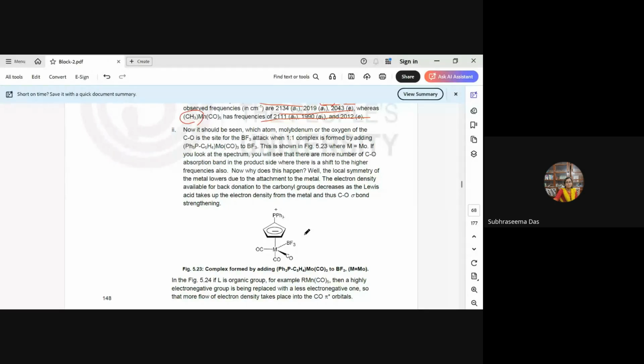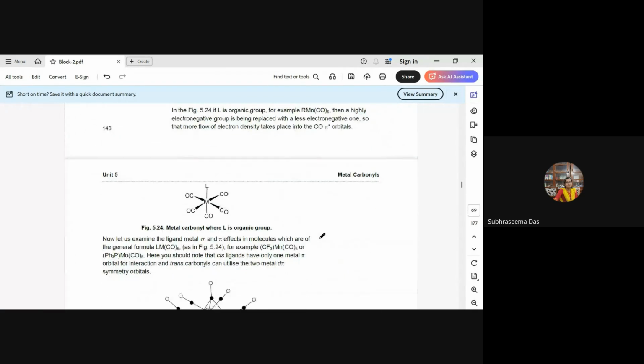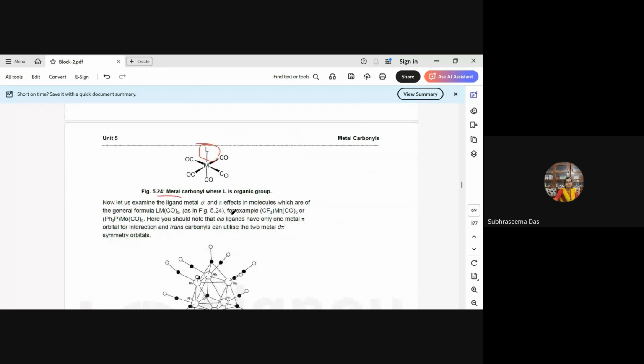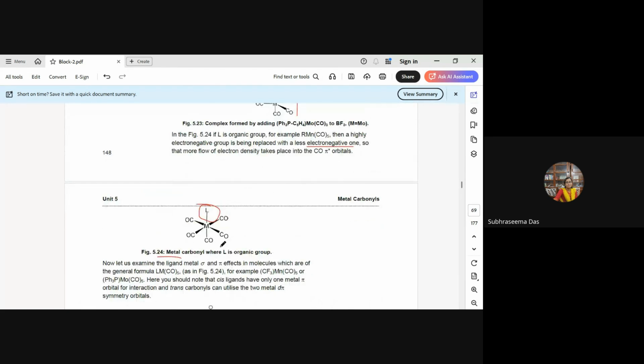So here the symmetry of the molecule plays an important role and decides the type of CO frequency that the complex should show. In figure 5.24, this is a metal carbonyl, and if L is a highly electronegative organic group and we replace it with a less electronegative one, more flow of electron density takes place to the CO pi star orbitals.